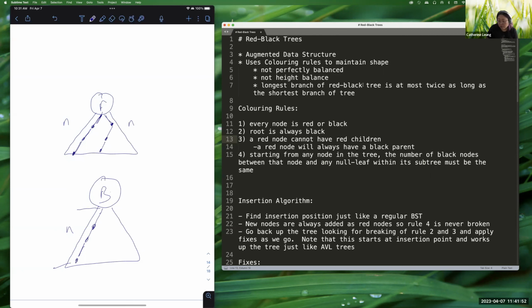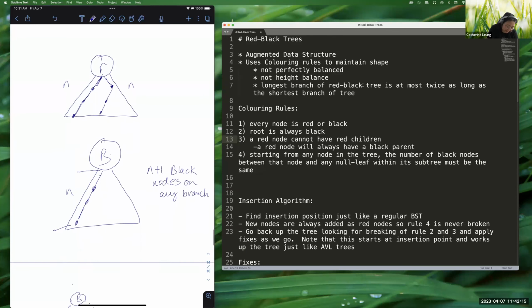So if I turn the root black, what I've done is that at the end, I'm going to have n plus 1 black nodes on any branch. Okay, so on any branch, I'm going to have exactly n plus 1 black nodes. Now I don't know what that exact number is.